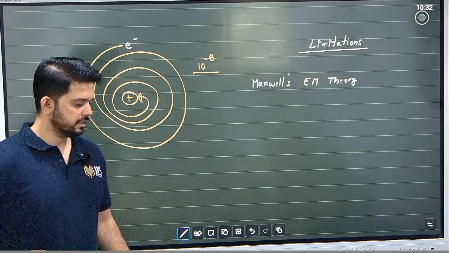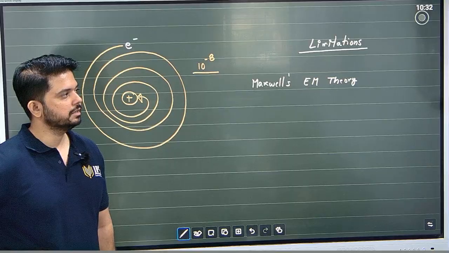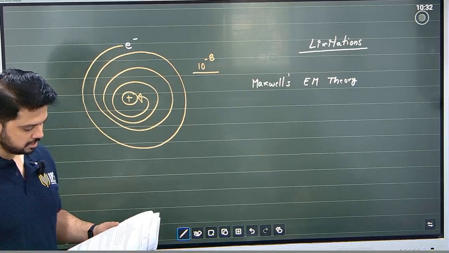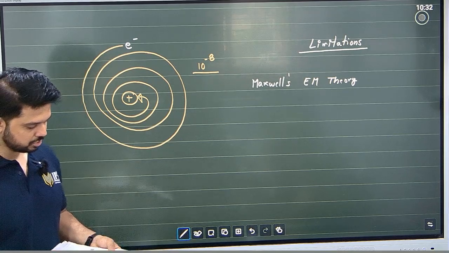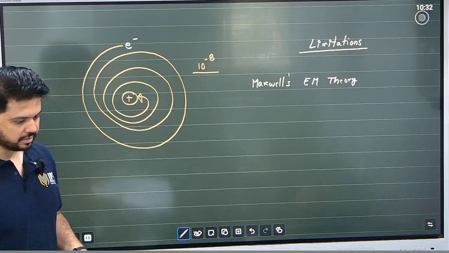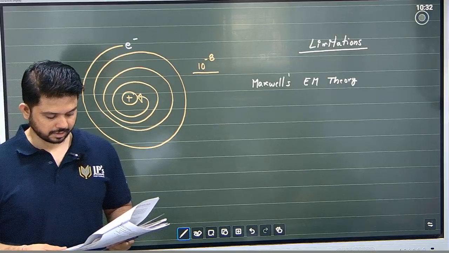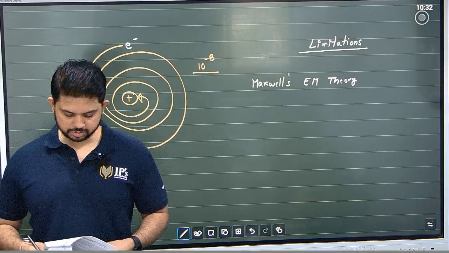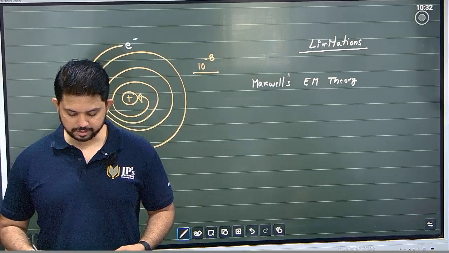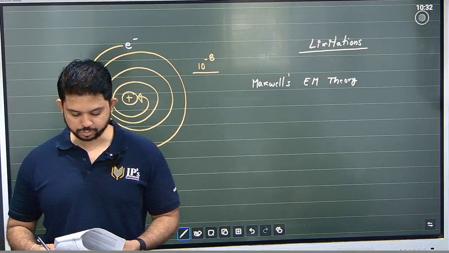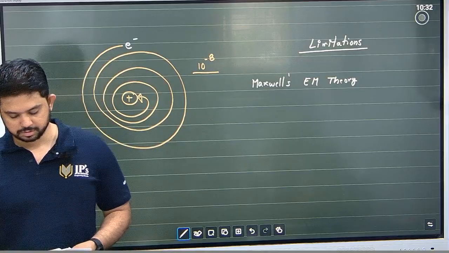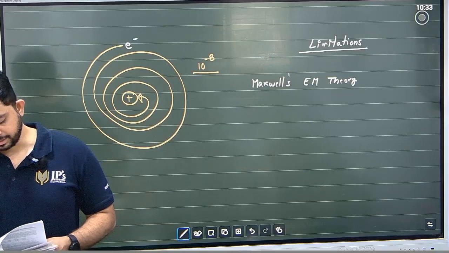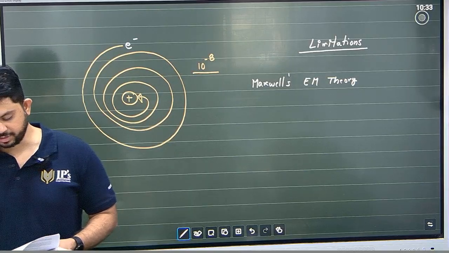And hence the electron should lose energy and spiral into the nucleus.